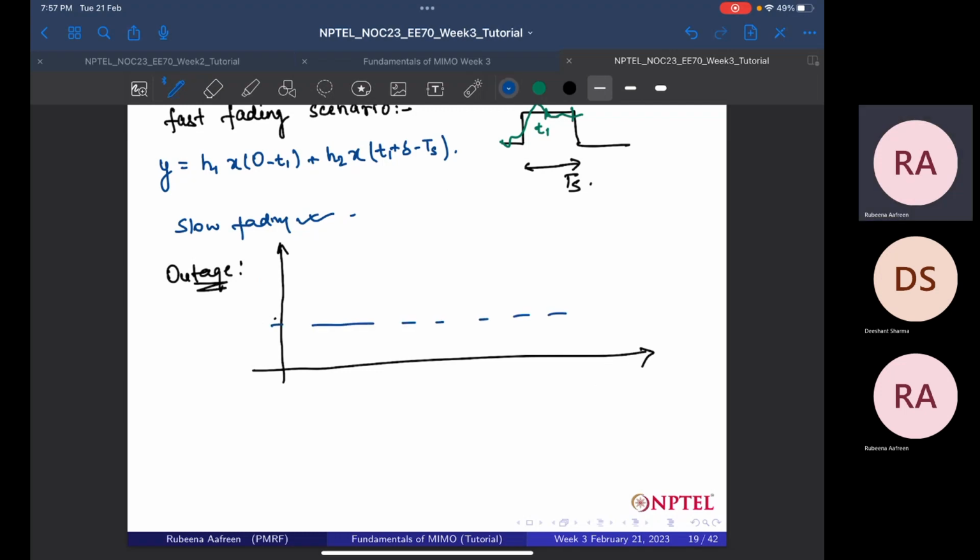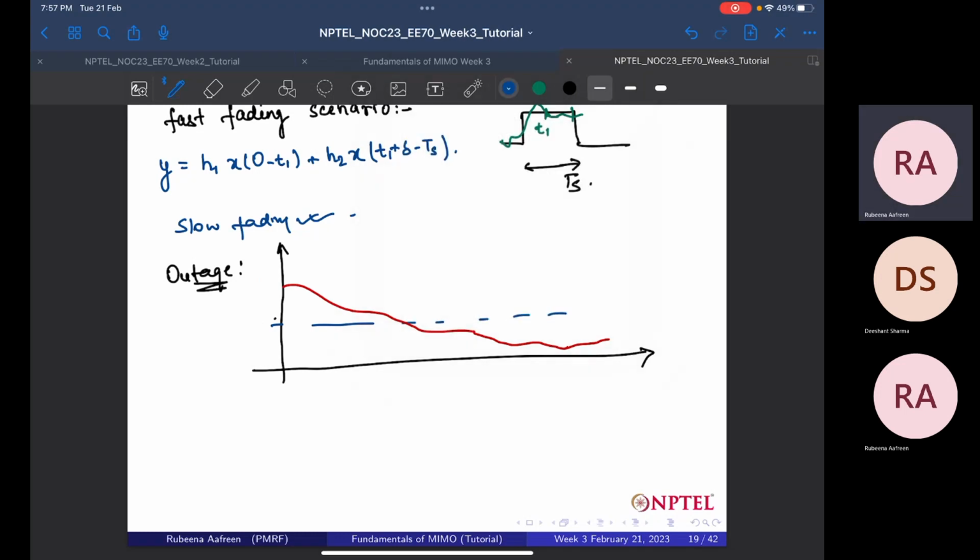So what I explained was that suppose this is the threshold. If the channel is slow fading, once it goes into outage, it will be in outage for a long period of time.